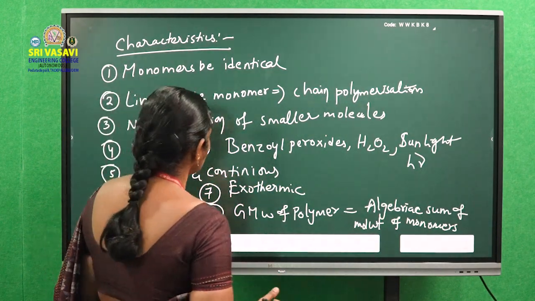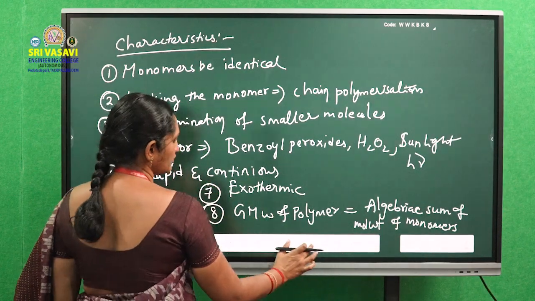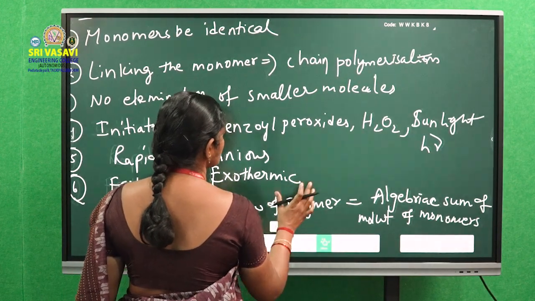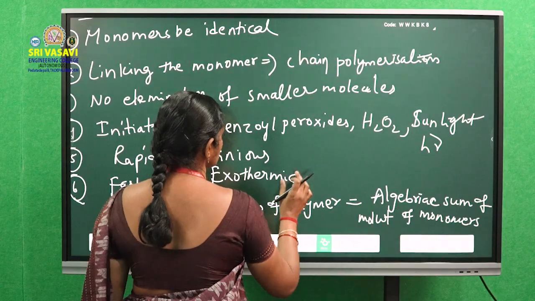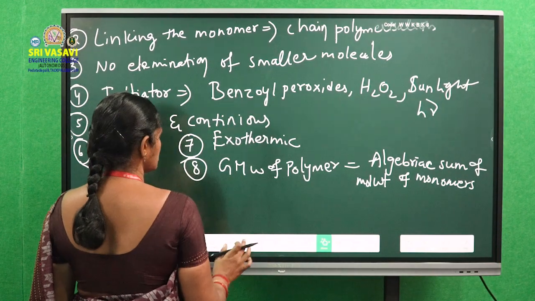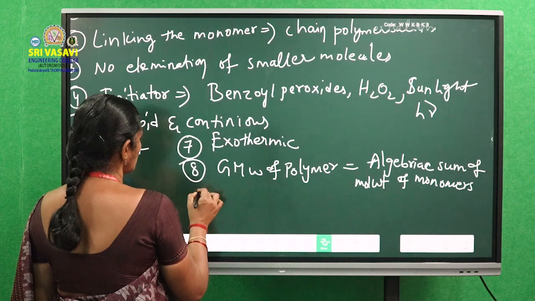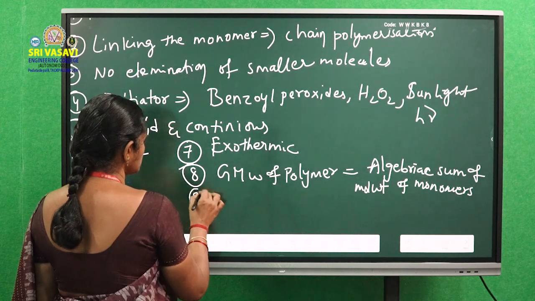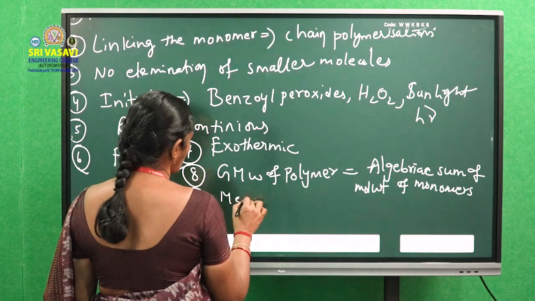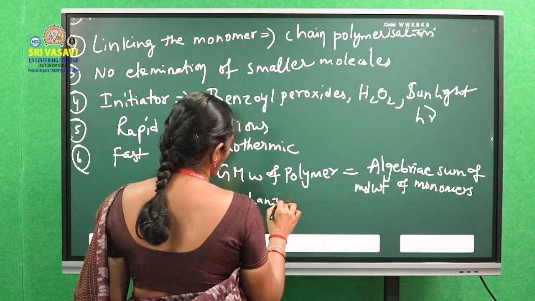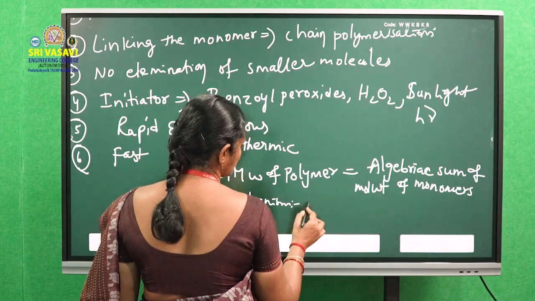Next, what are the other salient features? During the formation of addition polymerization, it follows a mechanism in 3 steps.